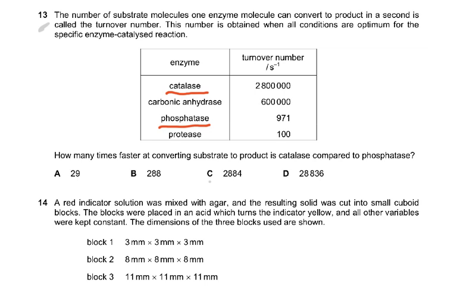Enzyme catalase 28 lakhs, carbonic anhydrase 600,000, phosphatase 971, protease 100. How many times faster at converting substrate to product is catalase compared to phosphatase? So catalase compared to phosphatase, this divided by 971 and you get 2884, and so the answer is C.